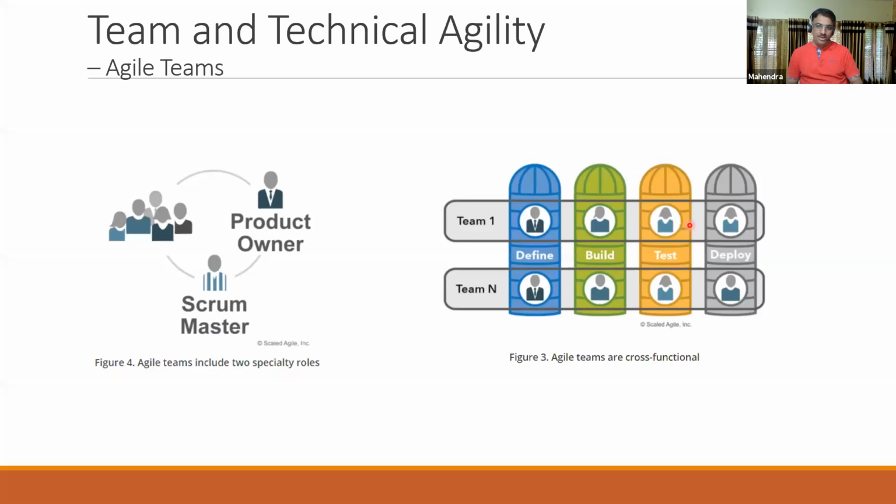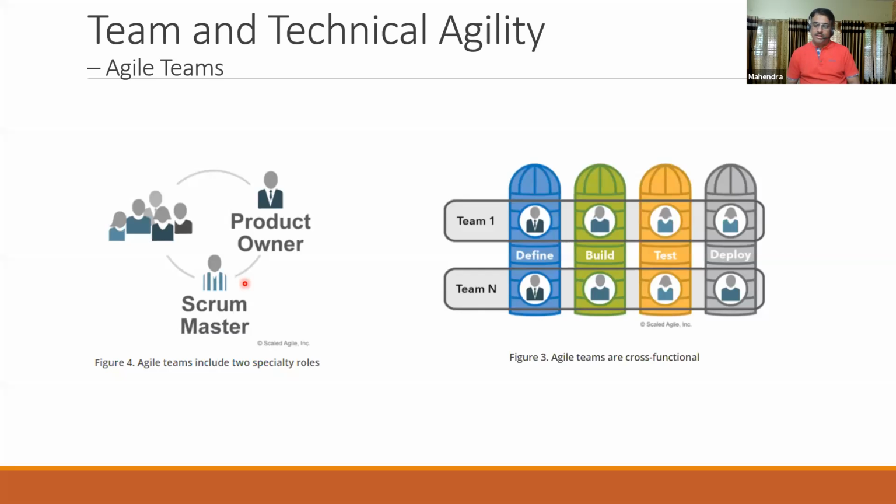We have to be really thorough on how a Scrum team works and the various roles in the Scrum team, predominantly the product owner and the Scrum master. I won't get into the details of what a product owner is, what a Scrum master is. I expect that this crowd knows about it, but this is fundamental.